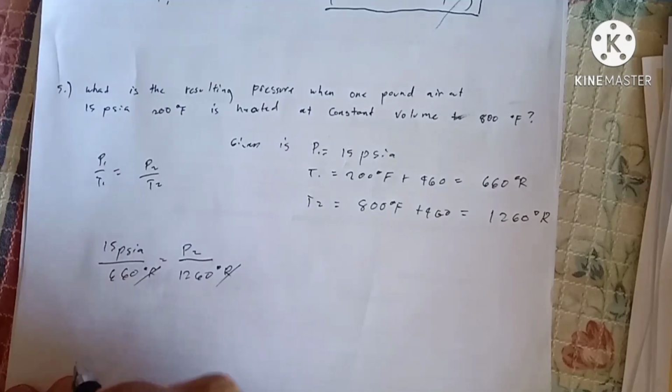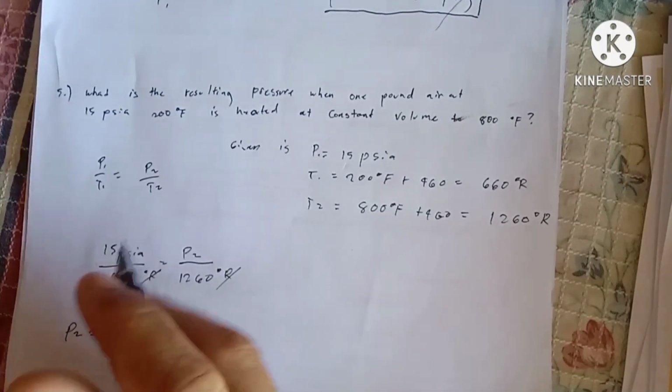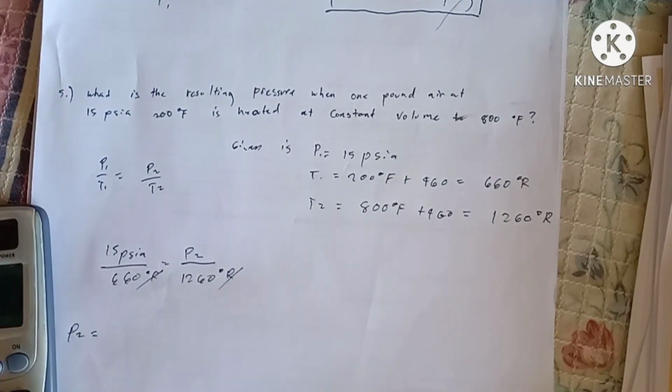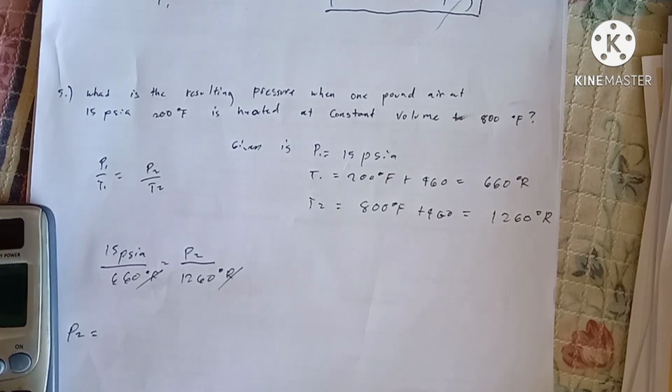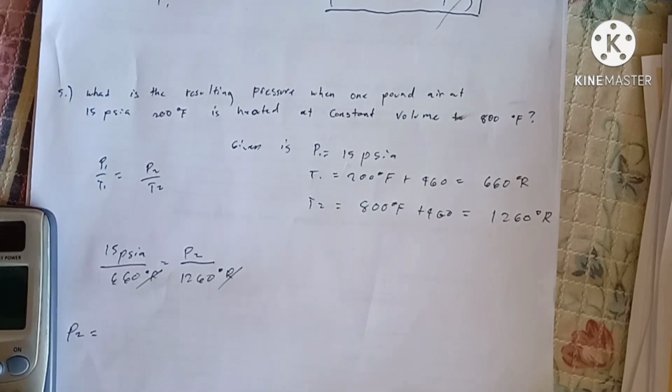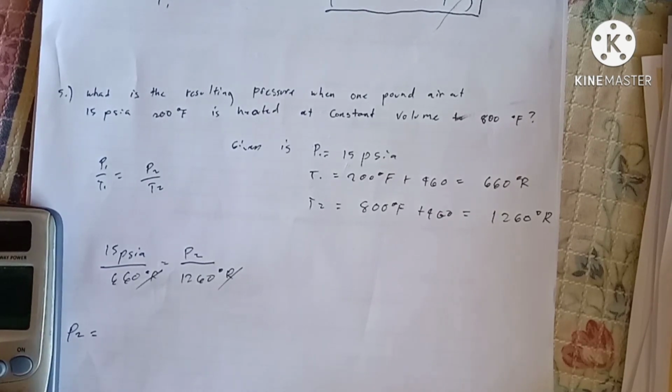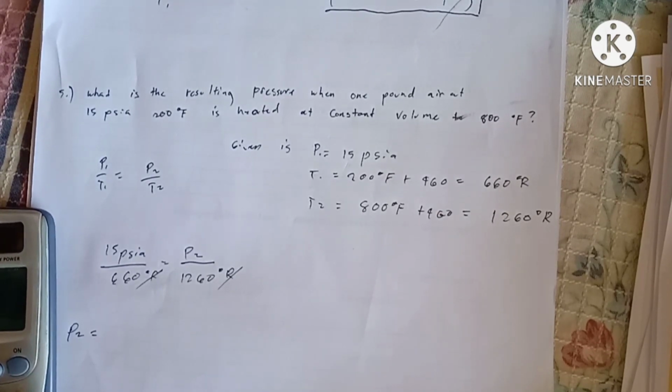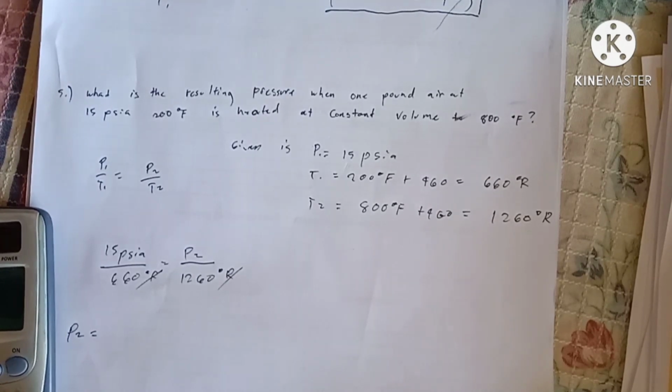So cancel; P2 equals 15 over 660 times x over 1260.